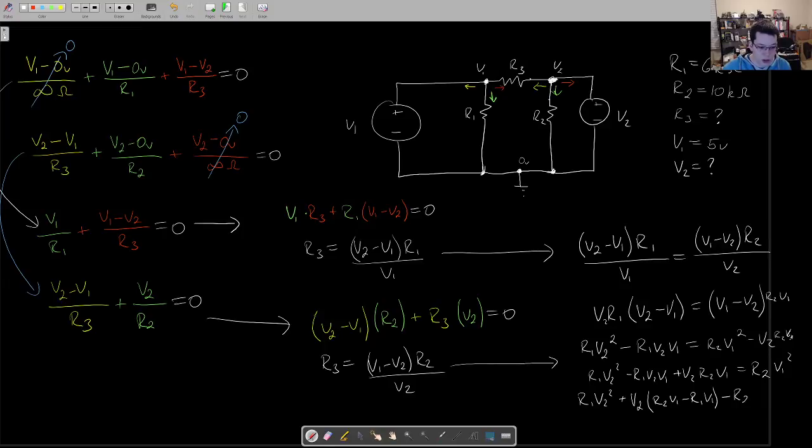Minus R2 V1 squared equals 0, and then we use the quadratic formula. I'm going to cheat and use a calculator. It does that.